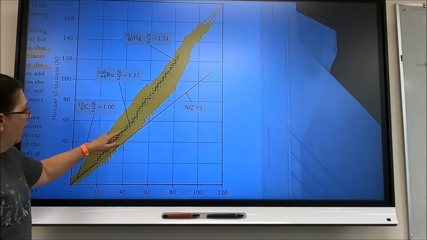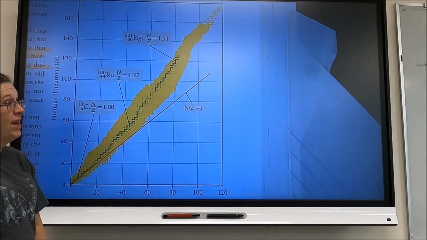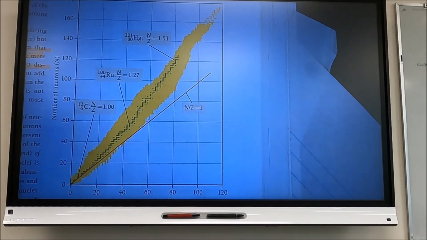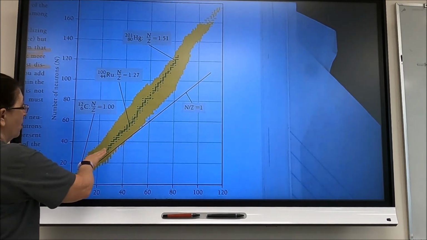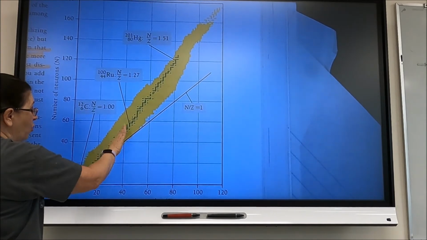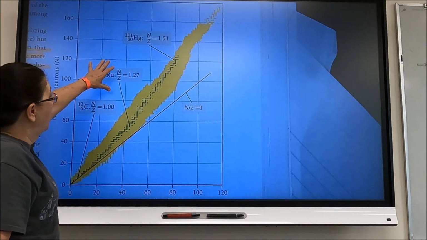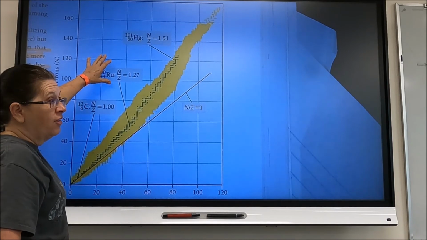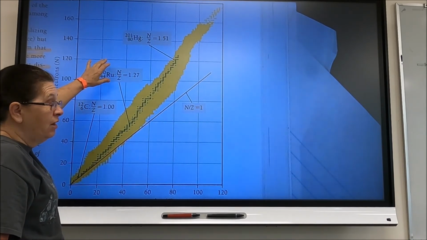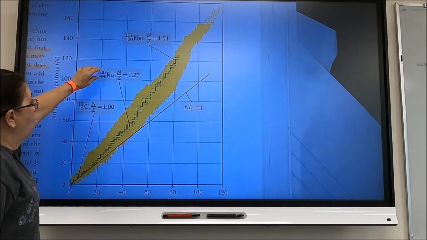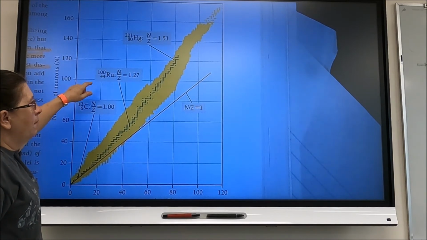The little black dots here represent stable nuclides. If you're above the stable dots or below the stable dots, you've got problems. You're going to undergo some kind of nuclear decay. Now, usually things up above the line have too many neutrons compared to protons. N's too high. So you're going to undergo beta decay.